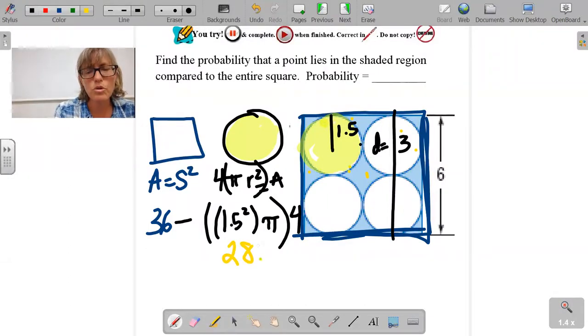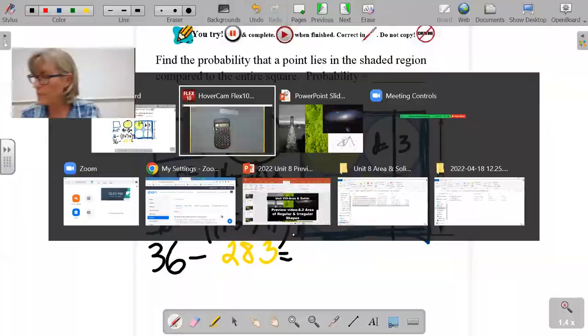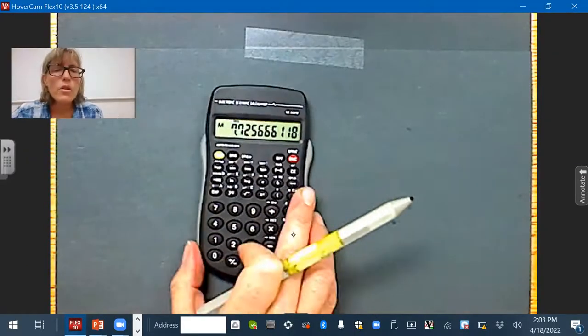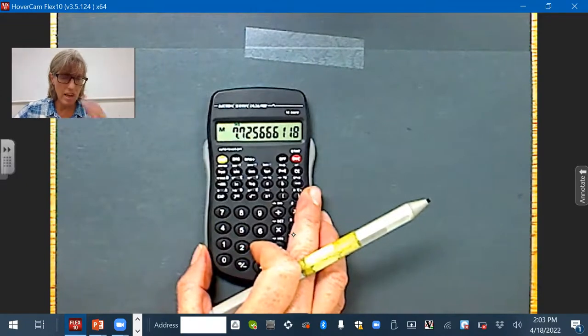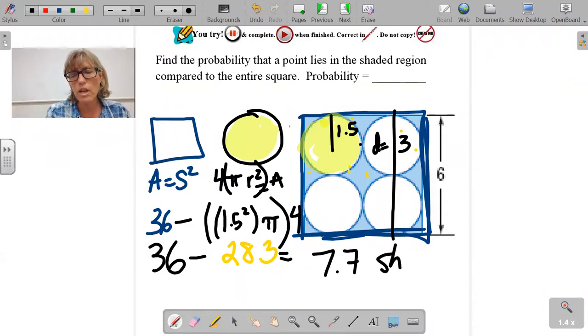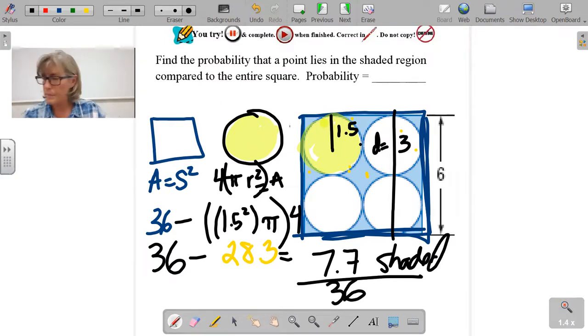for the circles, and you should have subtracted to get the shaded region, 36, and I've got approximately 7.7 would be the shaded region. 7.7 is your shaded, divided by your entire square, which is 36.